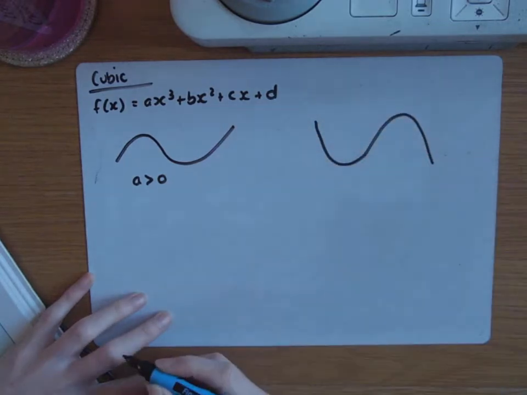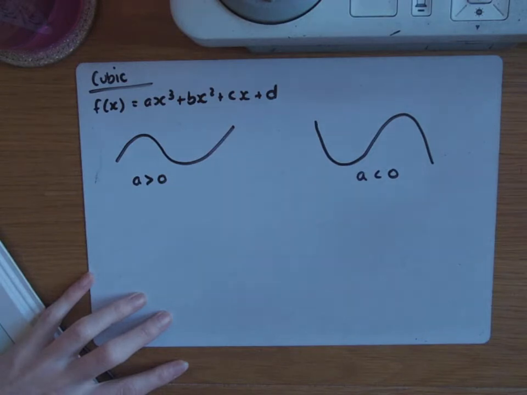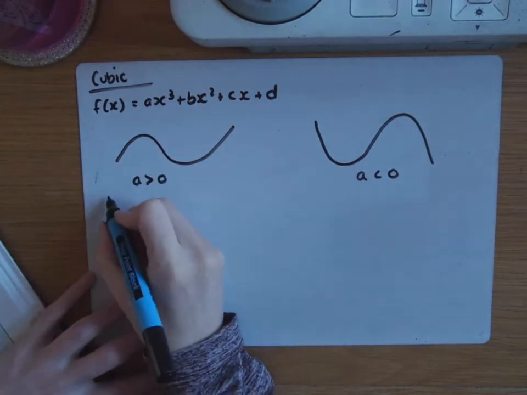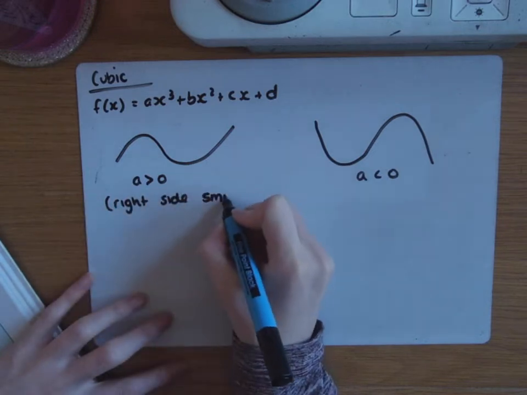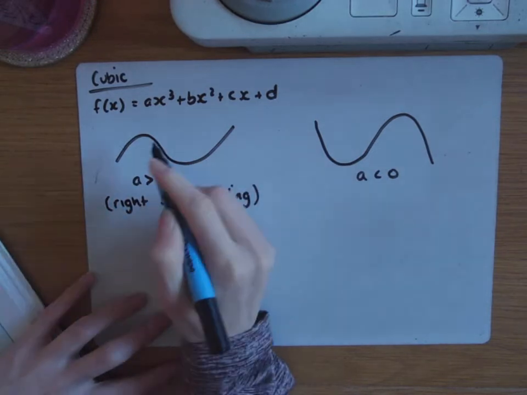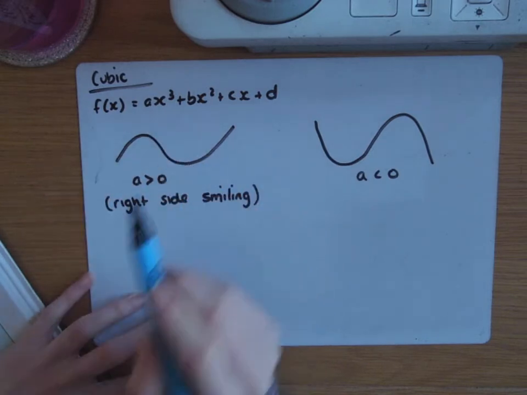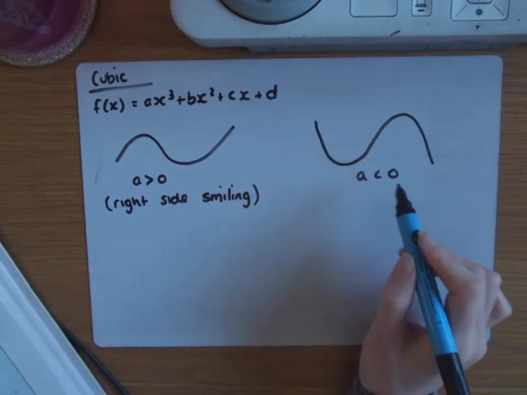This is the shape it takes if the coefficient of x cubed is negative. Always think of the right side as smiling for your positive cubic, and then over here the right side is frowning for your negative.